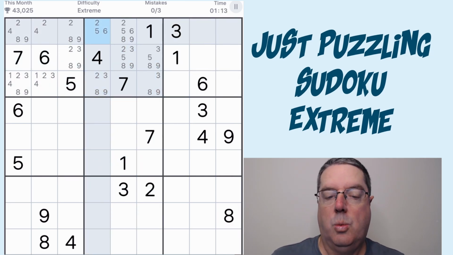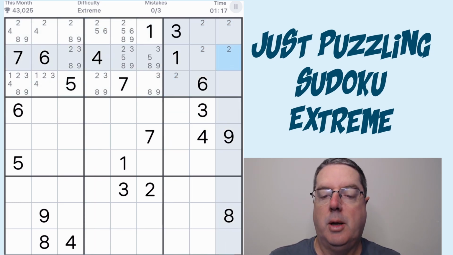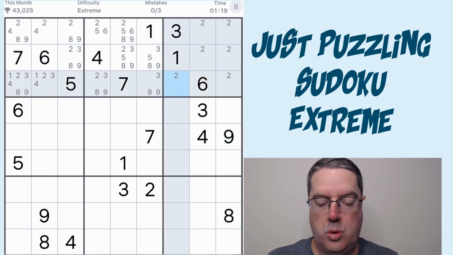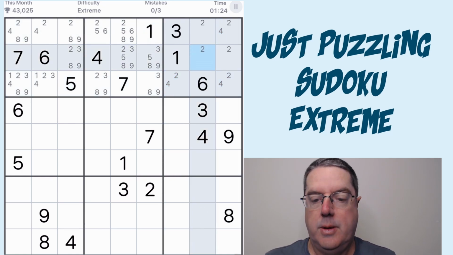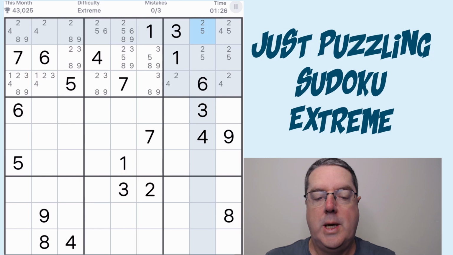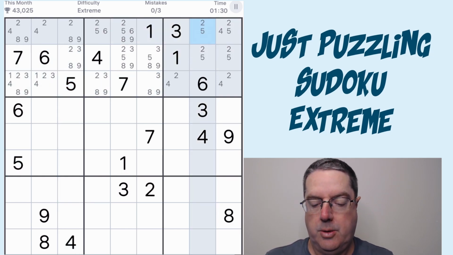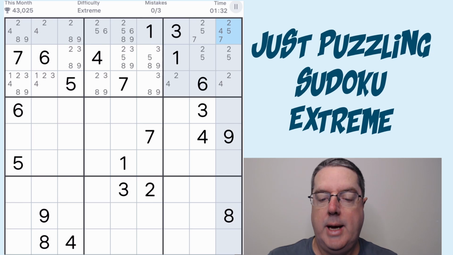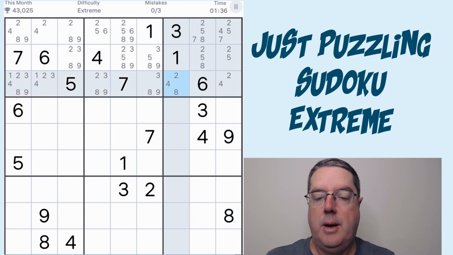Okay, 1, 2, remember I said there's only one 2 on the board. 3, 4 outside corners. 5, these 4 here because of that 5 there. 6 is already there. 7 can only be in the top row. 8 down here, and 9 the same.